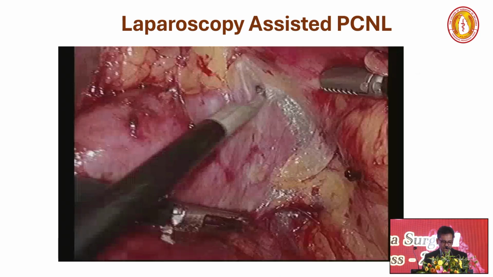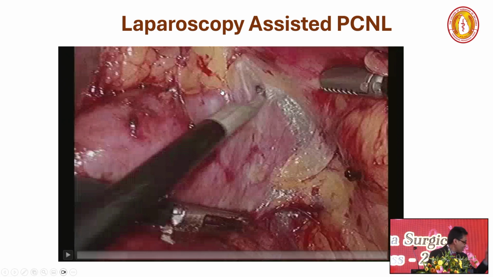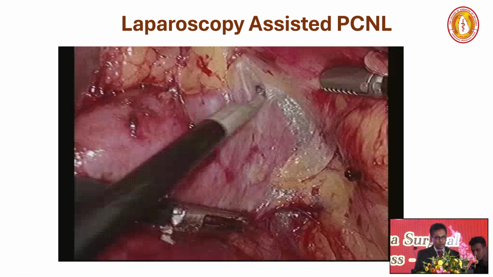Here is one of our cases. We did laparoscopy-assisted PCNL for a pelvic kidney with stones.